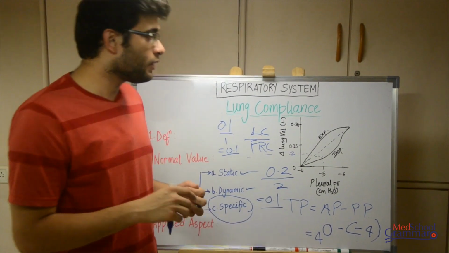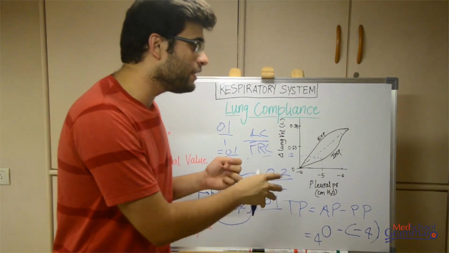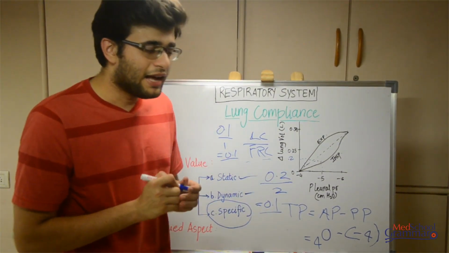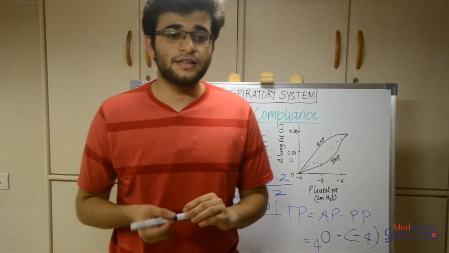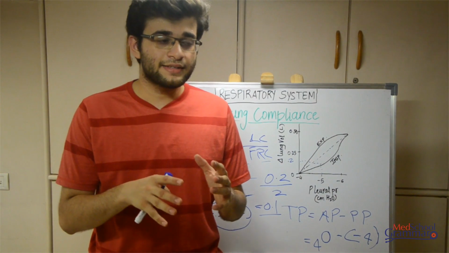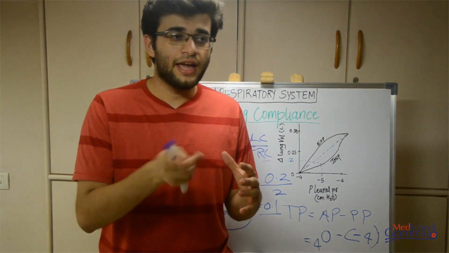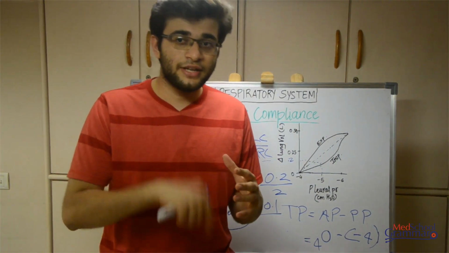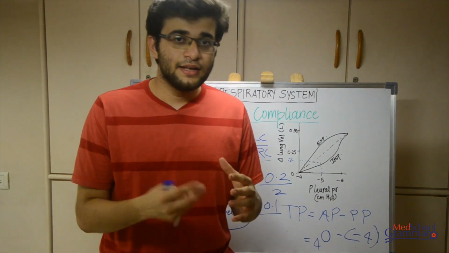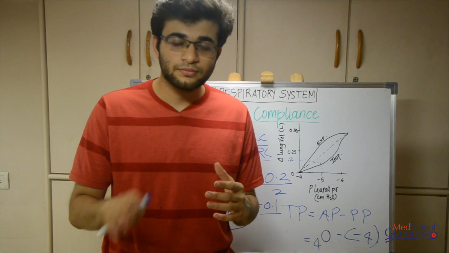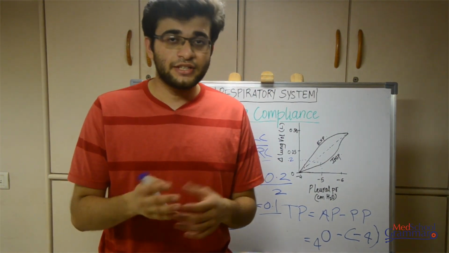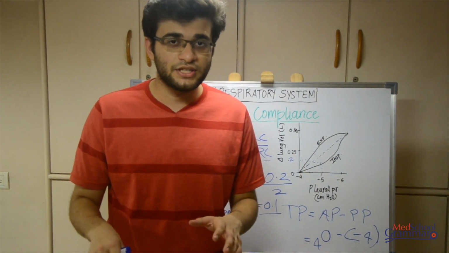Okay, so how do we know that surface tension affects it? I'll explain very briefly over here. If there's a lung that is kept inside a saline solution, the air-water interface is lost because there is saline present inside. Since there is no air-water interface, there is no surface tension. Okay, we have eliminated surface tension from this equation.